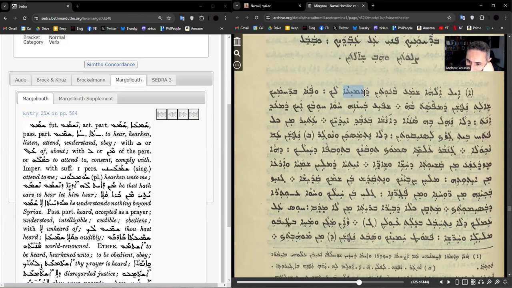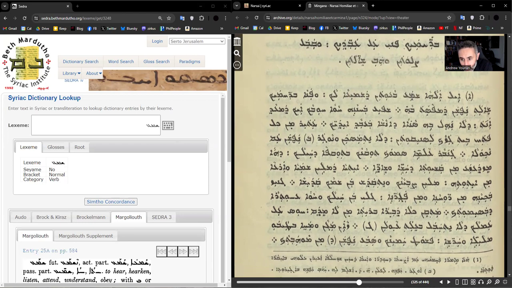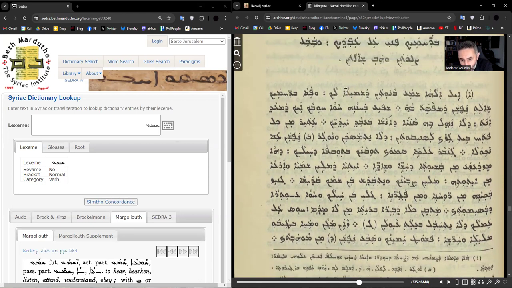Shmi'a. What's going on with shmi'a? Well, look at the root. The root is shin mim eh, which is what we just looked up. So it has something to do with hearing. What about this though? Shmi'a. This yod in the middle, you already know this, we've gone over it. This makes it into a passive something. So this looks like it's making shma into a passive participle that's being used as an adjective.